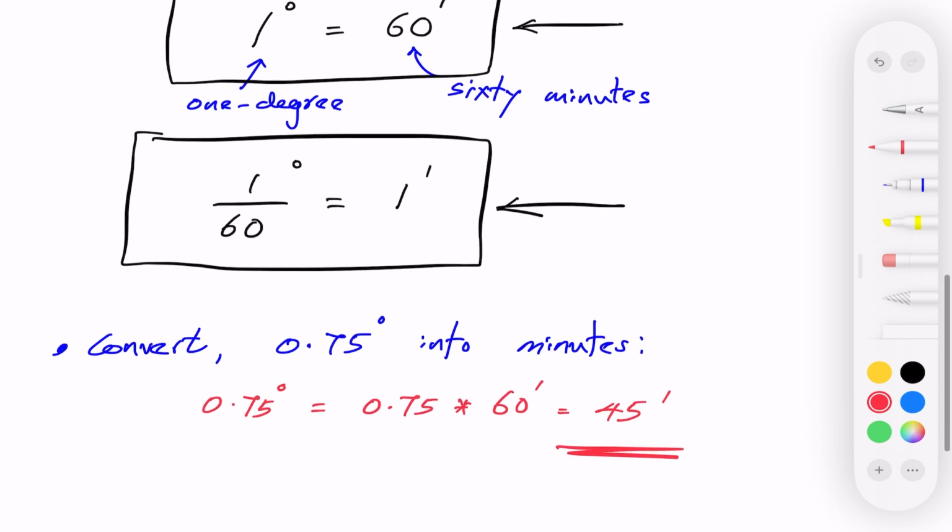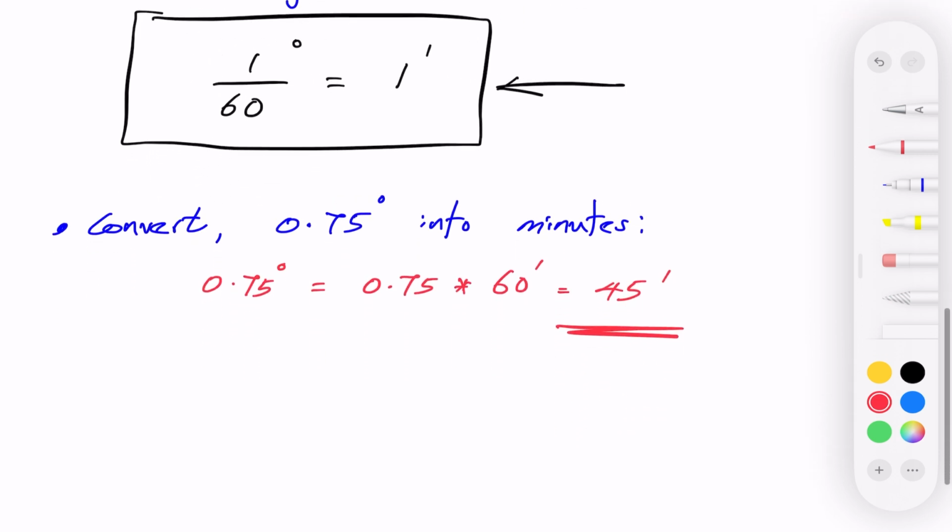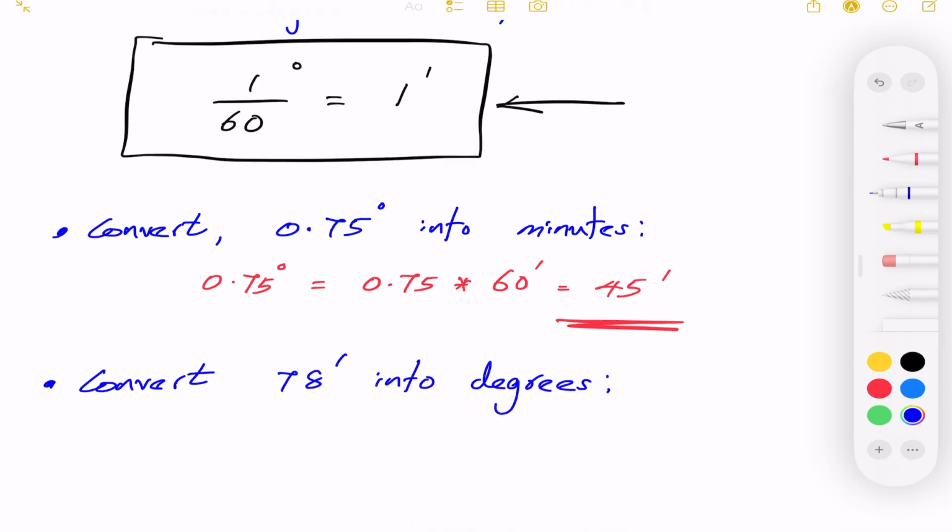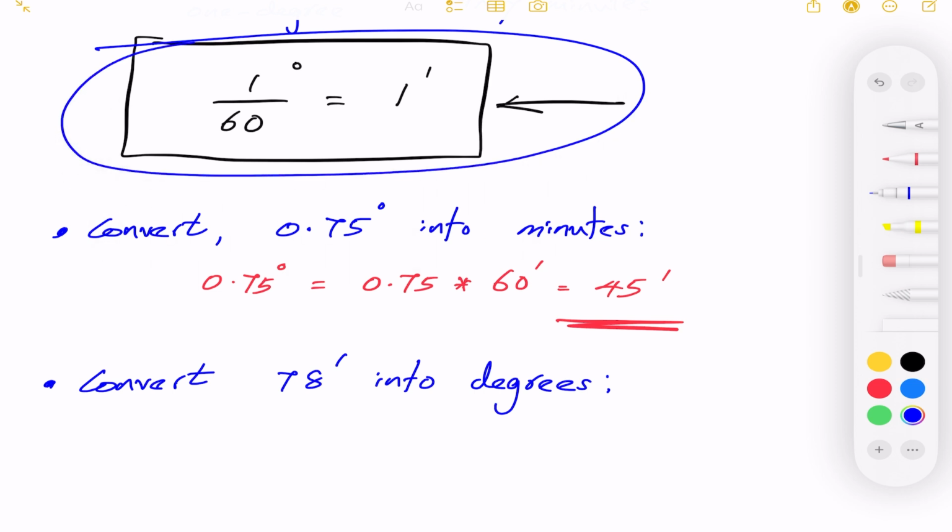Alright, we will do the backward calculation as well. Let's say we need to convert 78 minutes into degrees. Here is the equation for converting minutes into degrees. We know 1 minute is equal to 1/60 degrees. Therefore, 78 minutes should be equal to 78 times 1/60 degrees.